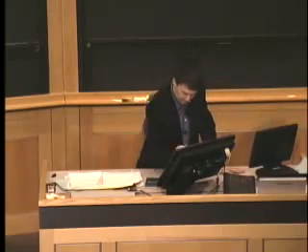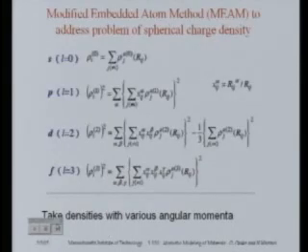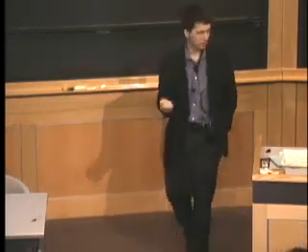In the 90s, Mike Baskes developed what's called a MEAM, and that just stands for Modified Embedded Atom Method, which basically has embedding functions that keep track of the angular dependence of the electron density around you, essentially by mapping the problem onto spherical harmonics.